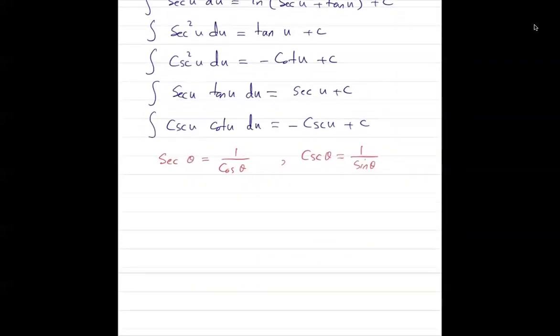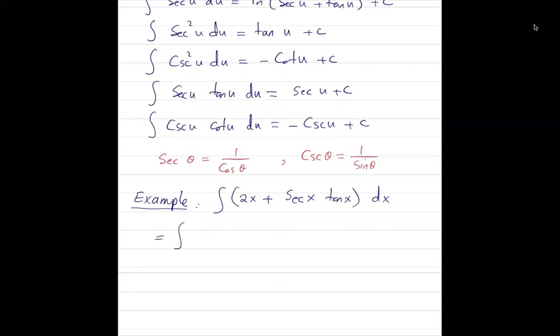For example, suppose I ask you to find the integral of 2x plus secant x tangent x dx. So you can separate this integral into the summation of two integrals.